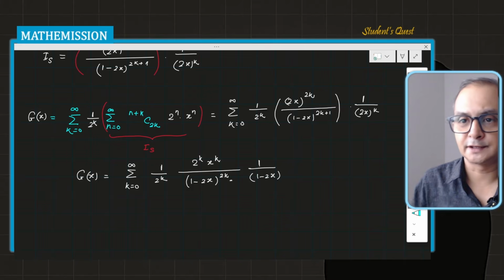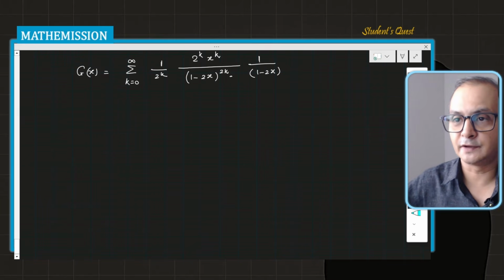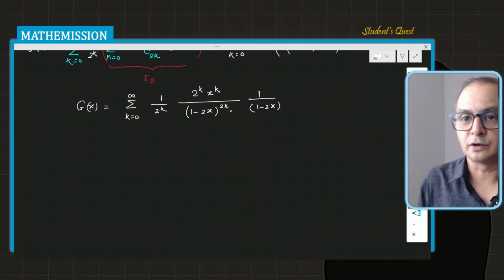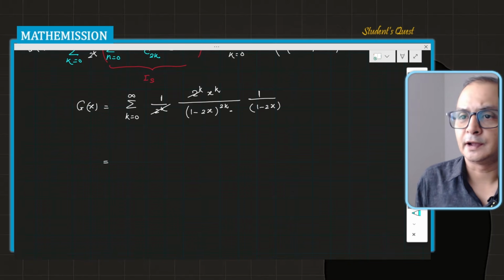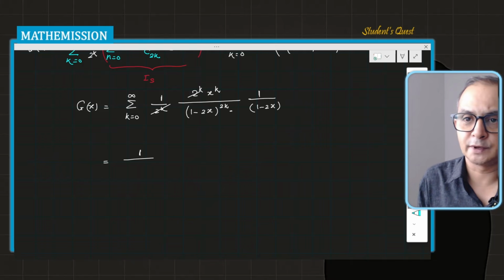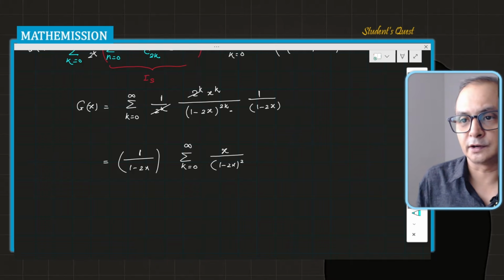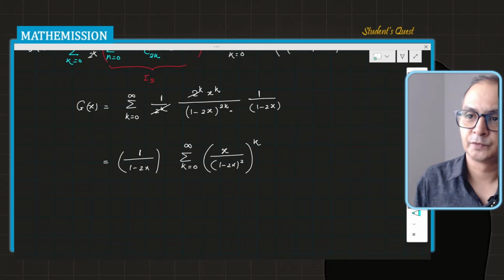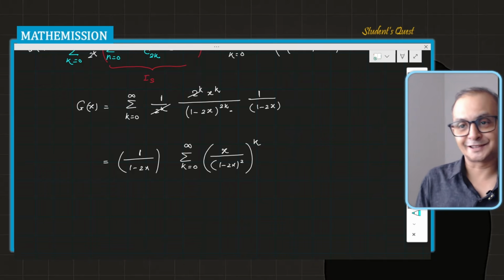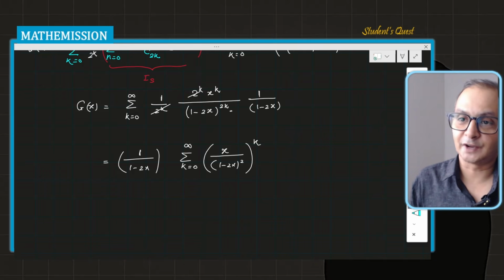And why I'm writing this, it will be revealed very soon. Just behold. So this thing gets cancelled, and now I can write 1 by 1 minus 2x out of this context because there is no index of k, and k goes from 0 to infinity always. So (x by (1 minus 2x))^2 to the power k is there. Now notice that this is nothing but a GP again.